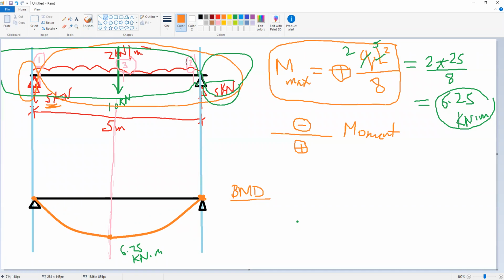Okay, and this one is, sorry. So we connected these 3 points with a curve, a parabola like this one.